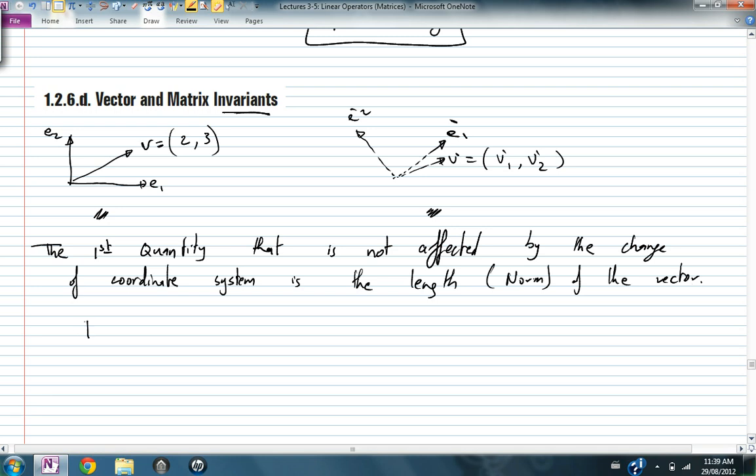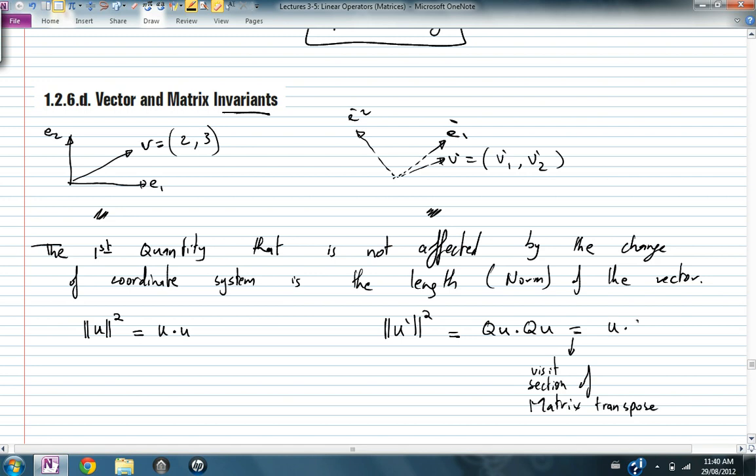In the original coordinate system, the size of the vector is equal to u dot u. In the new coordinate system, the size of the vector is equal to qu dot qu, which, if you visit the section of matrix transpose, will be equal to u dot q transpose qu.